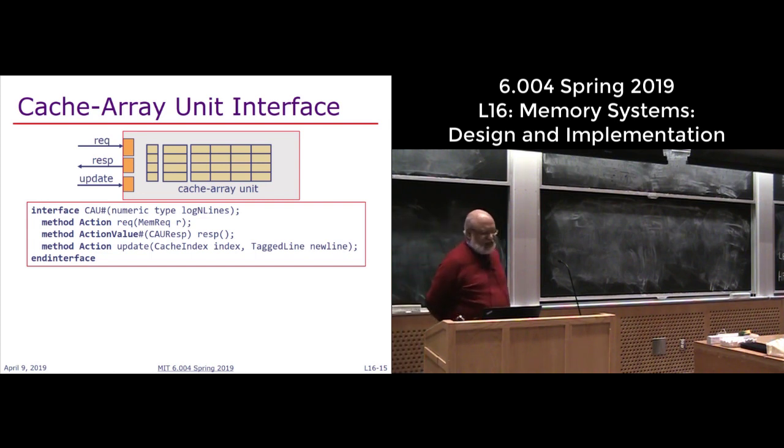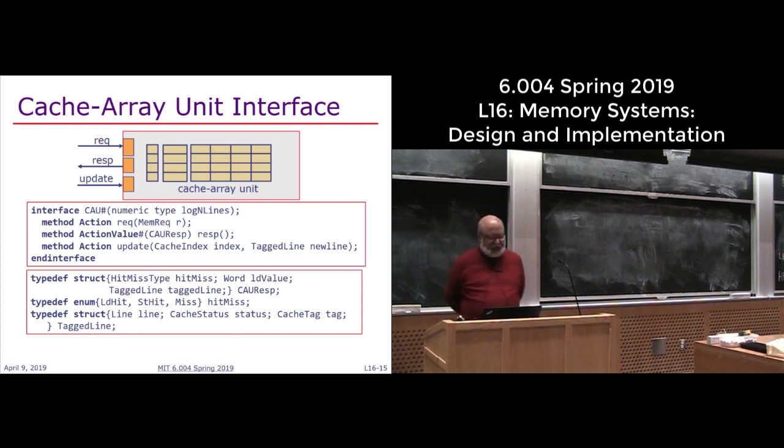Whatever I'm giving you. So it's a pretty simple unit internally, the CAU, but it has the real storage inside it. Now, this is giving you the details of all these values I just told you. So I already explained to you the hit-miss value.